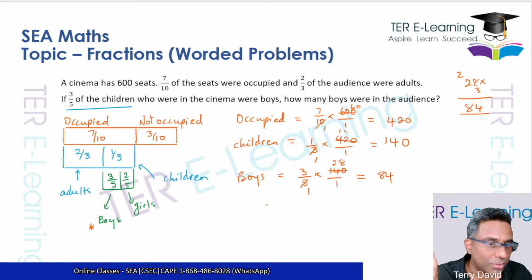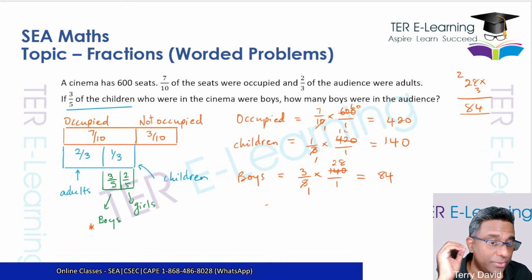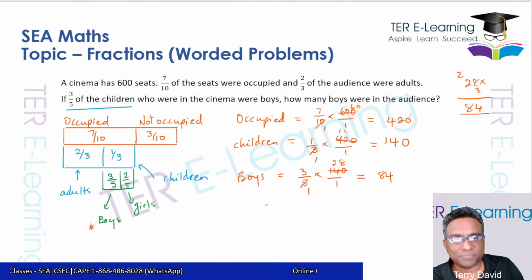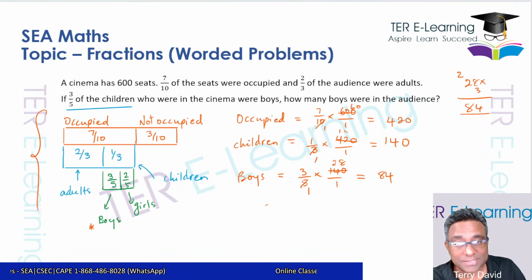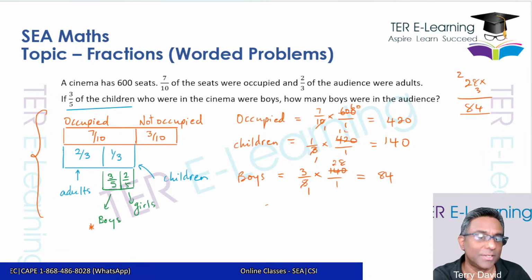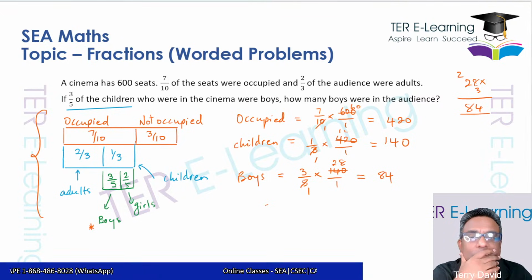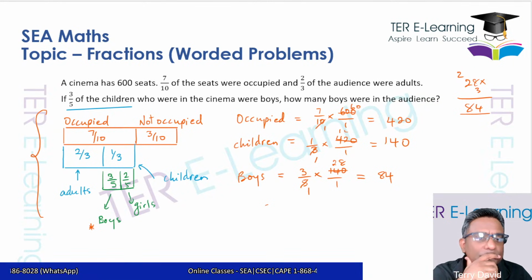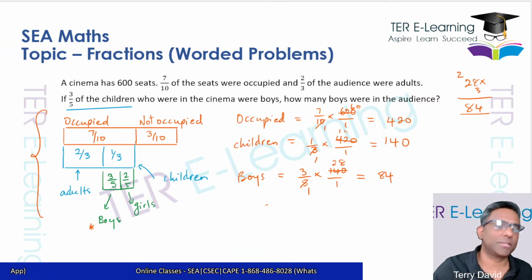Anybody else got 84? Some people get 36. I'm not sure how you got 36. People saying 84, yes, 84 is the correct answer here. When you have a diagram like this, it helps you tremendously with fraction questions.